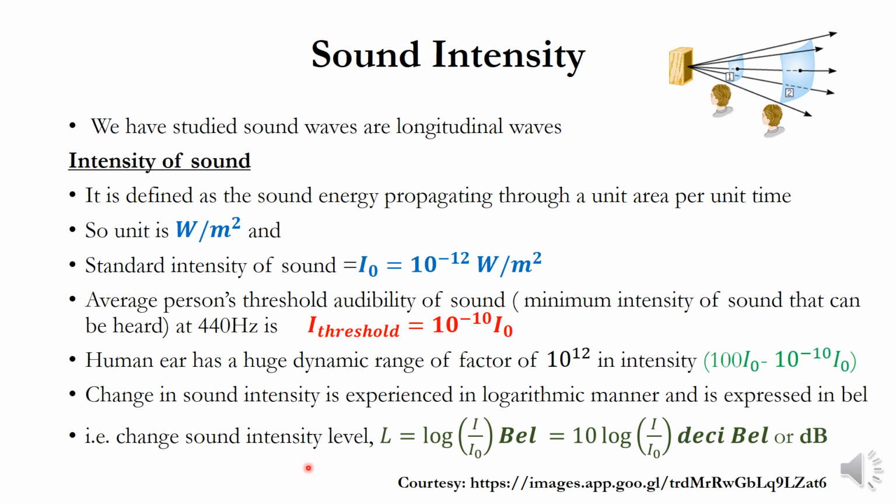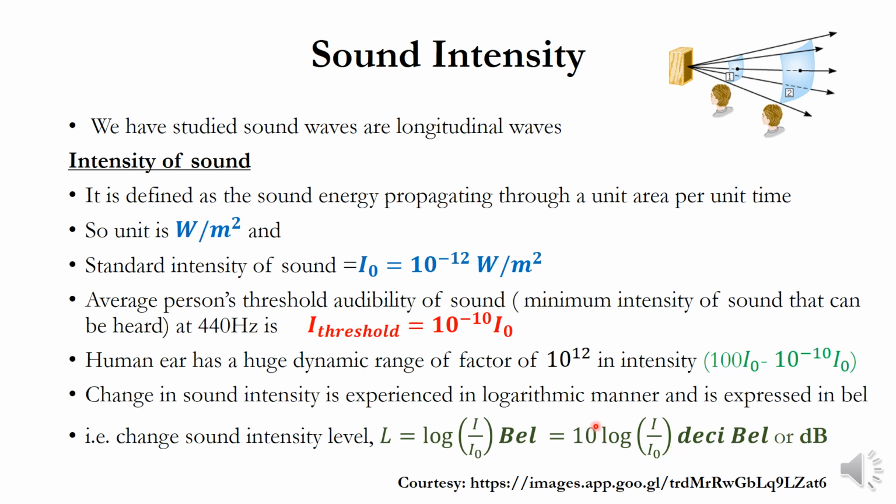The change in sound intensity level is defined as L equal to log I by I0, where I0 is 10 to the power minus 12 watt per meter square. The unit is bel. If I is equal to 2 I0, then the level will be 2 bel, and generally it is expressed in decibel.